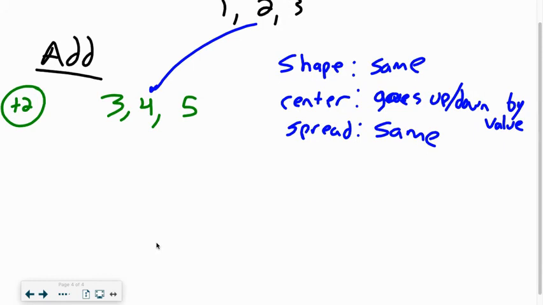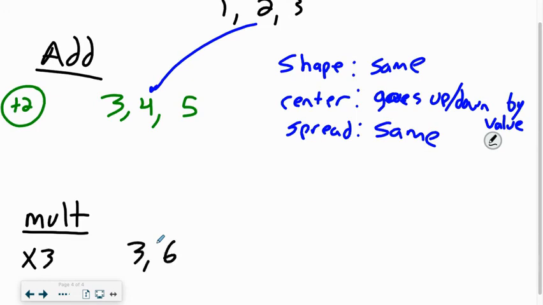But if you take a data set and you multiply or divide, let's say we multiply by 3, then we'll have 3, 6, and 9 as our new data set.